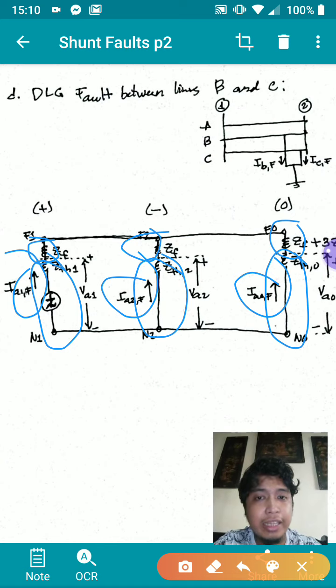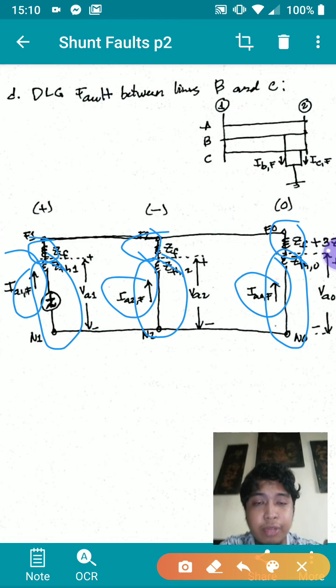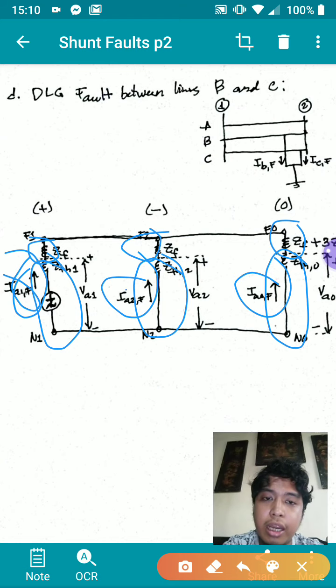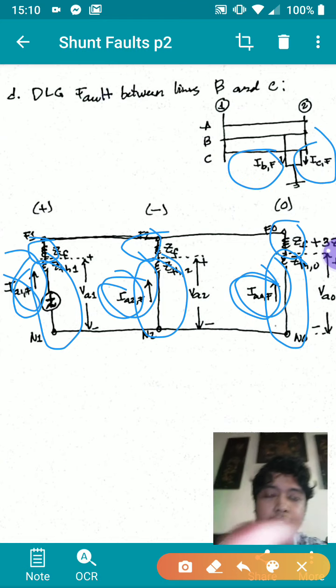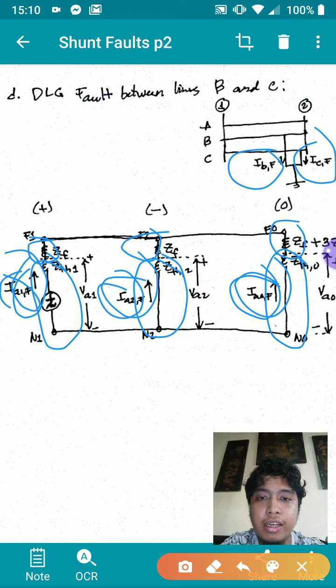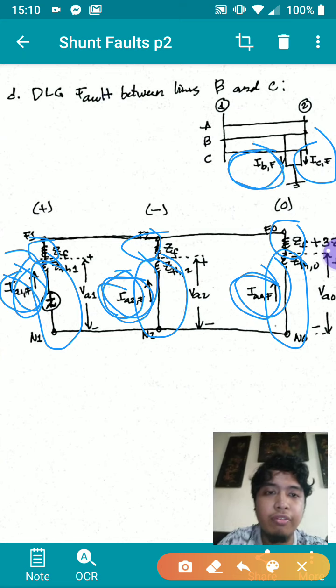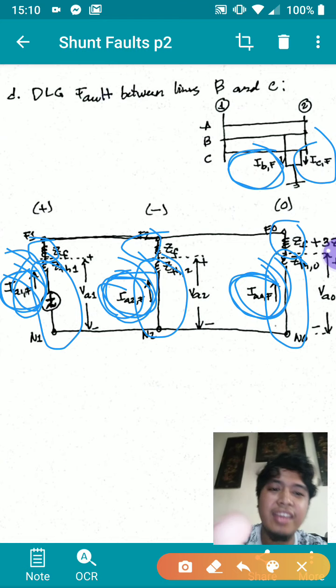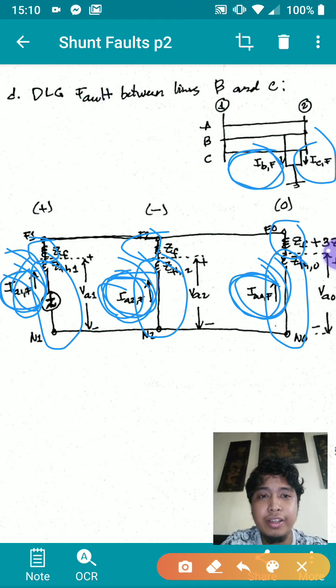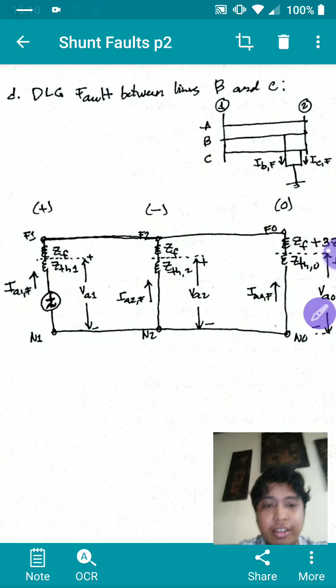Well, we'll be using these values IA1, IA2, and IA0 to get IBF and ICF, because we can relate IBF with IA1F, IA2F, and IA0F using your A matrix here.